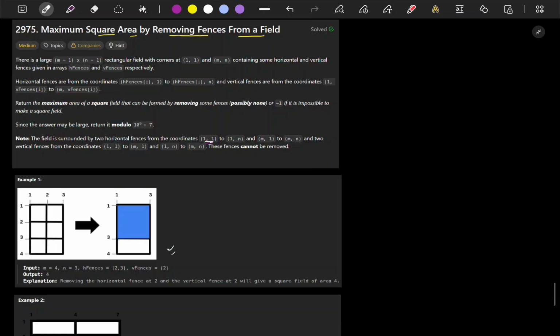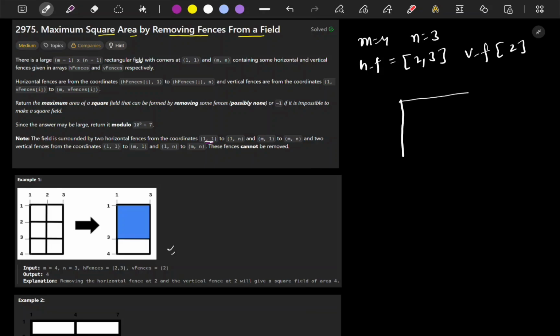Let's take this example: m equals 4, n equals 3, hFences is given as [2, 3], and vFences is given as [2]. The question is saying there is a large rectangular field with corners (1,1) and (m,n).